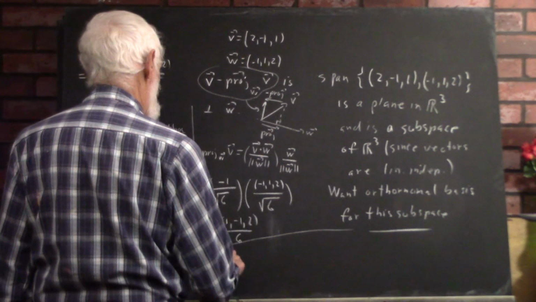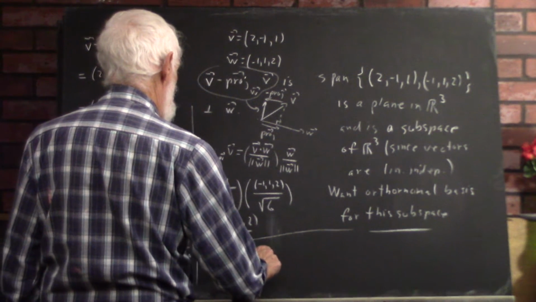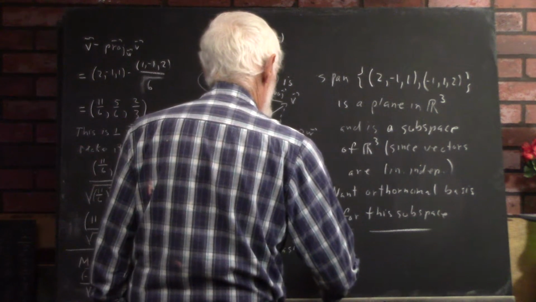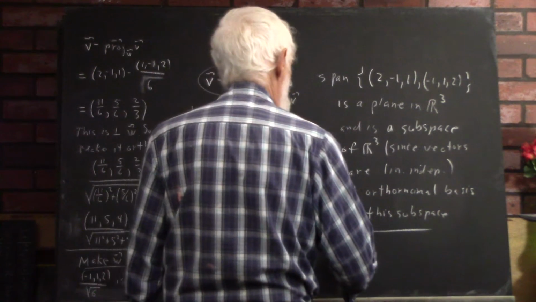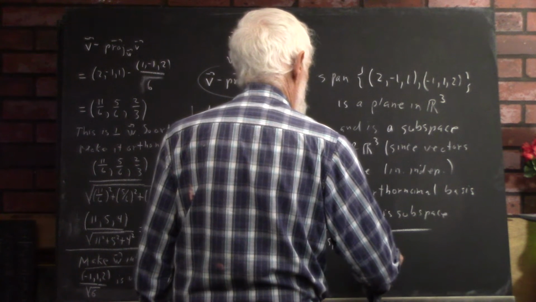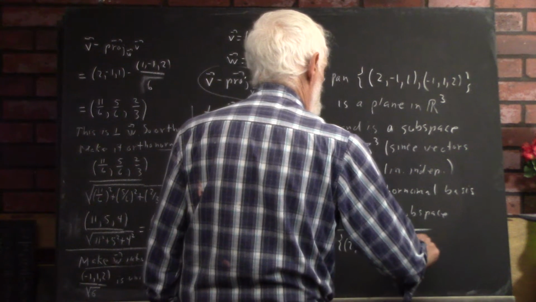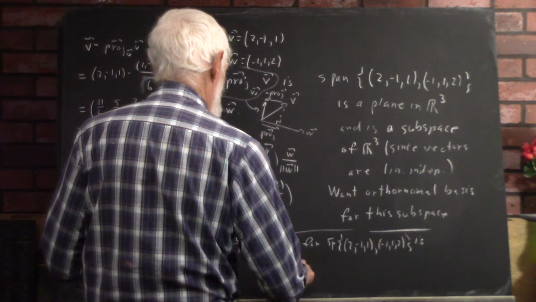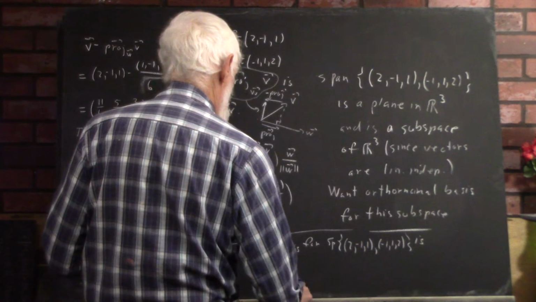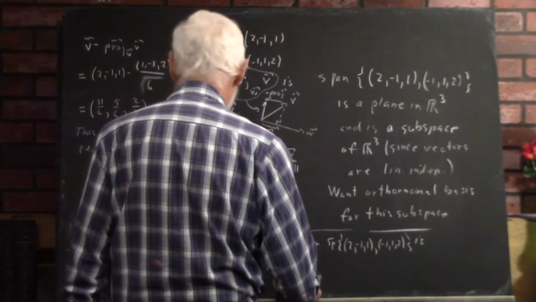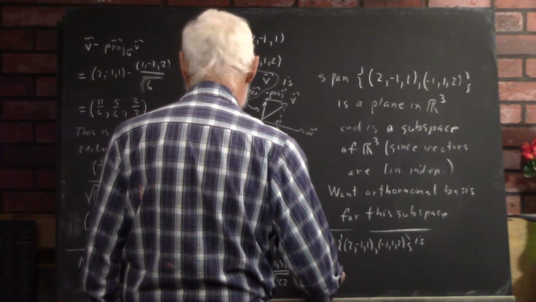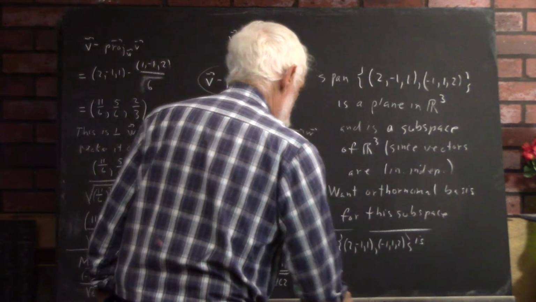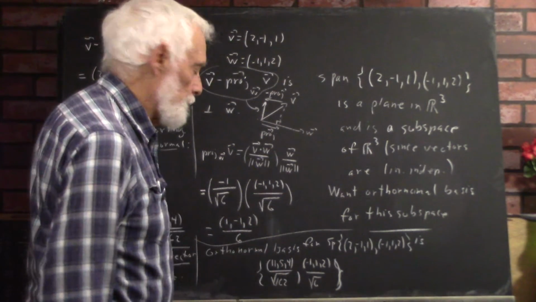So an orthonormal basis for the span of our original vectors is the 1, 1, 5, 4 over the square root of 162, and 1, 1, 2 over the square root of 6.